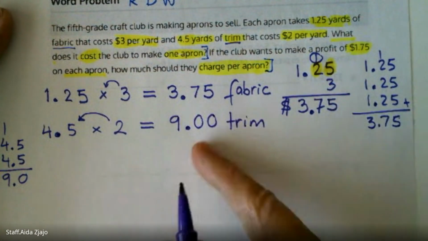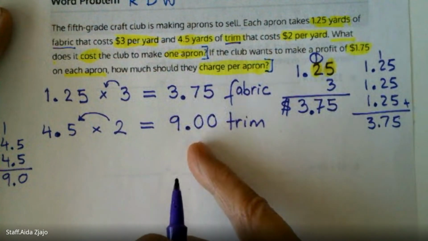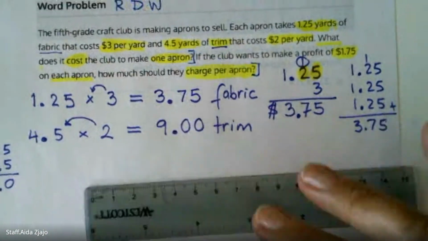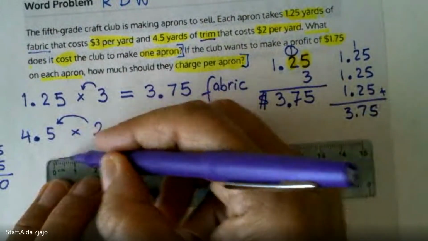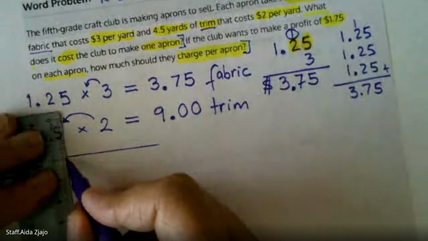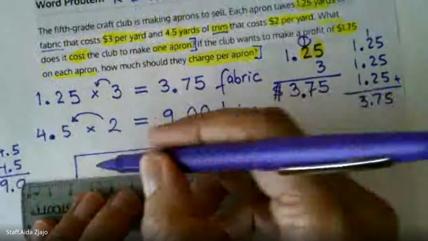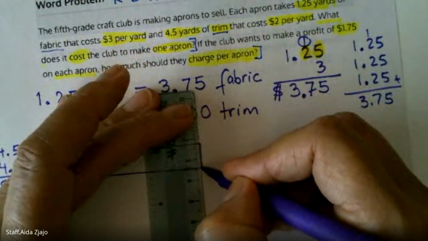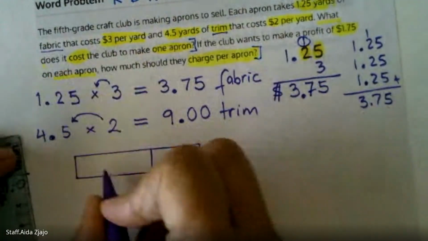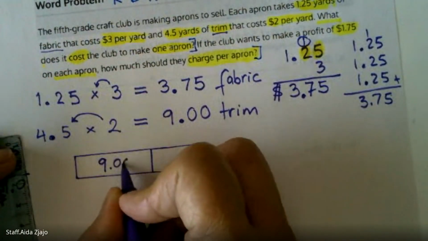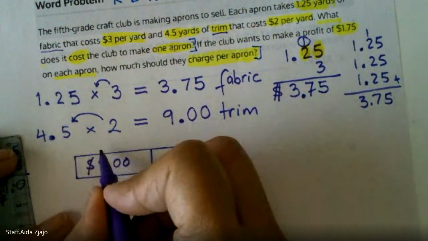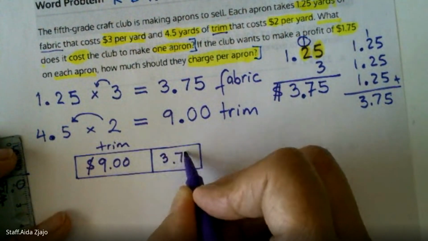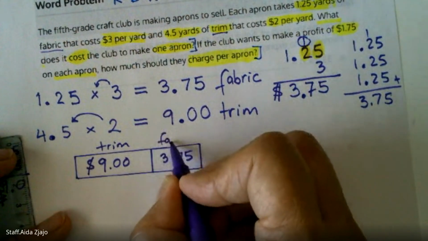And now when we add these two, we can show this as a tape diagram. This part is $9, and that is trim, and then this part is $3.75, and that is fabric.